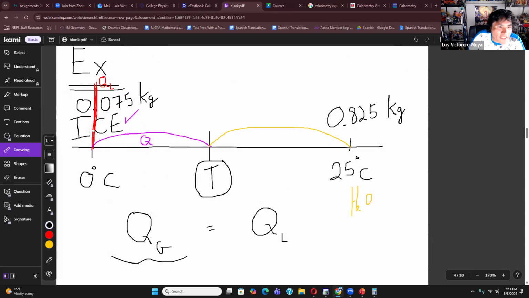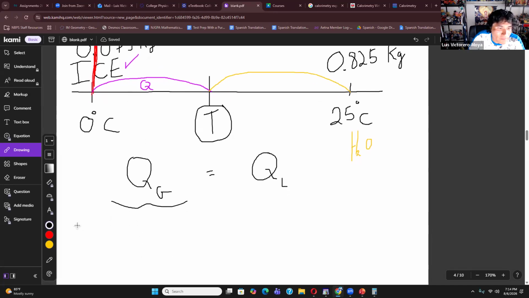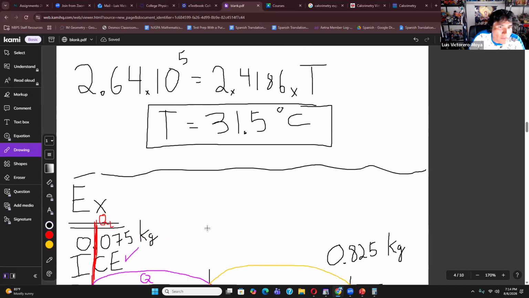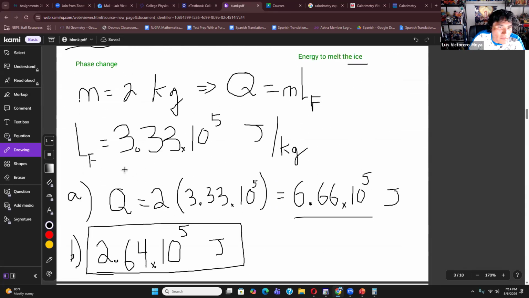So first, let's find the Q to melt ice. Mass of ice times LF.